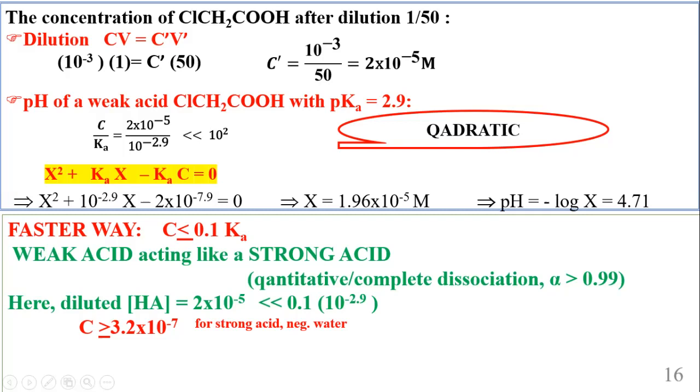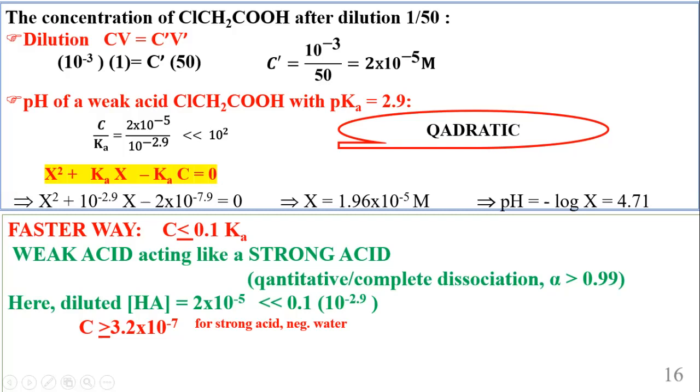And under these conditions, where the concentration of a weak acid is less than 0.1 Ka, I will say that this weak acid acts like a strong acid. What does that mean? It means that this weak acid will no longer dissociate incompletely. At this very low dilute concentration, it starts to dissociate more completely.